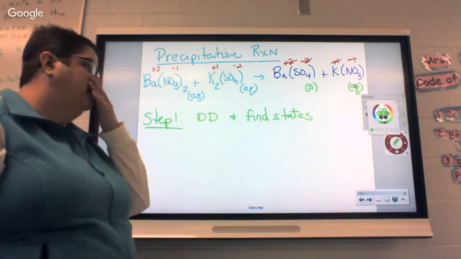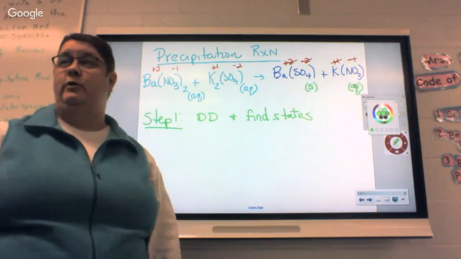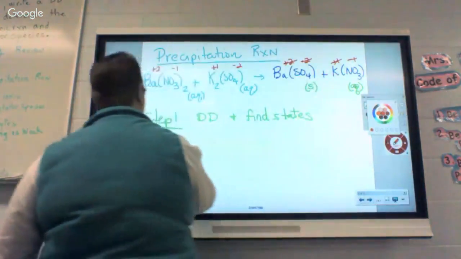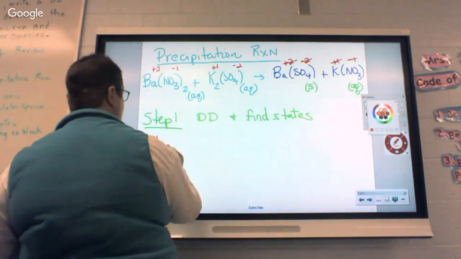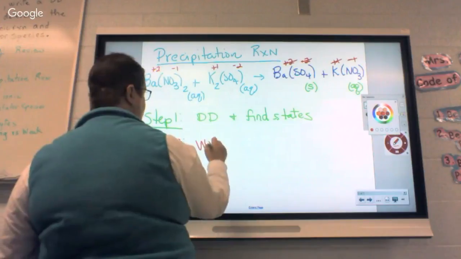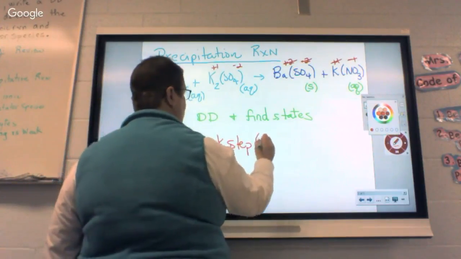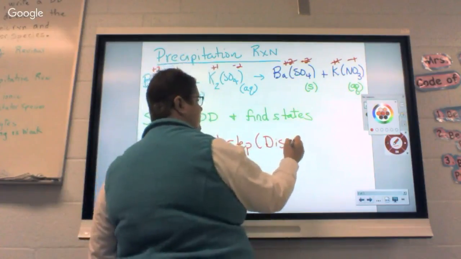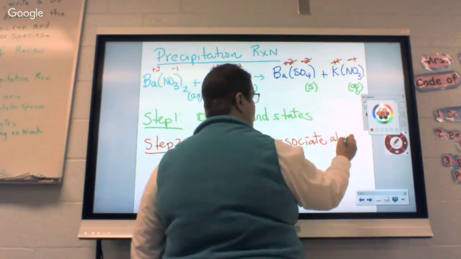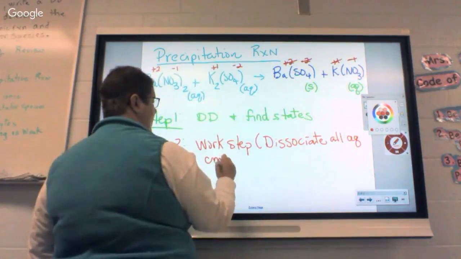Okay. Now, step 2 is where we stopped at the break. Step 2 is the one I call the work step. This is why I taught you dissociation. Step 2 is the work step. It's where you dissociate all aqueous compounds.